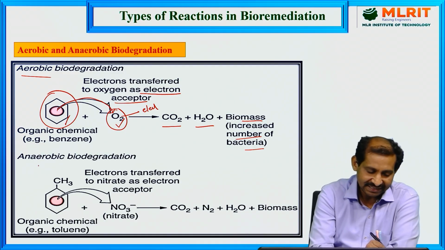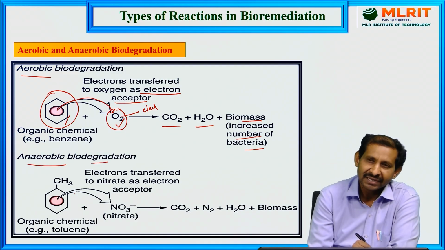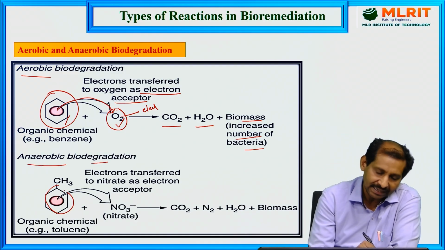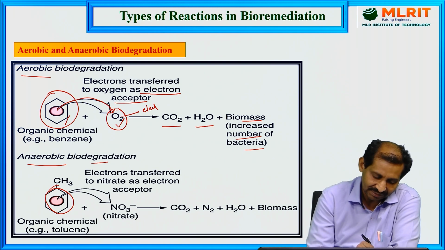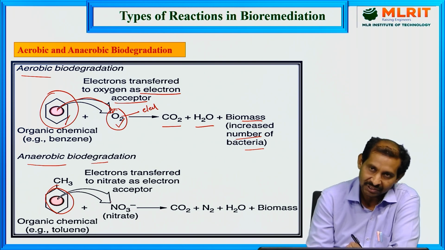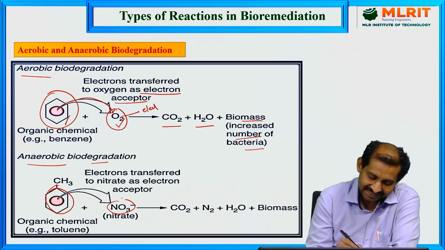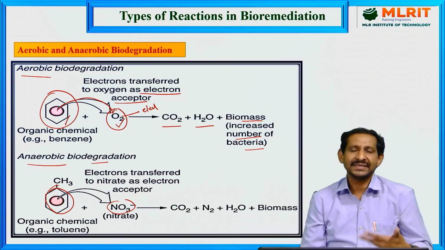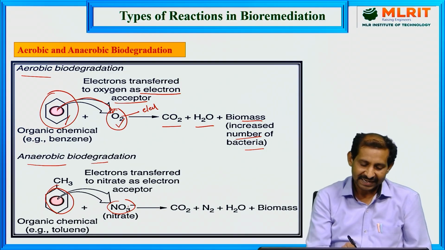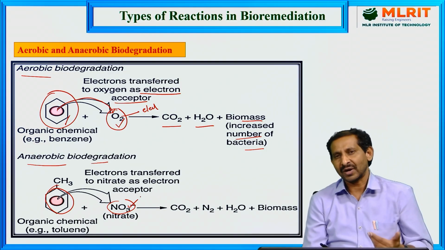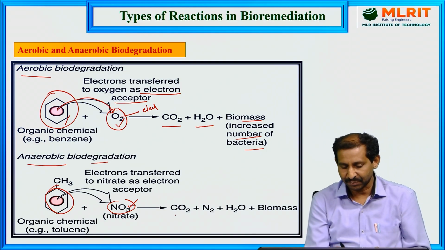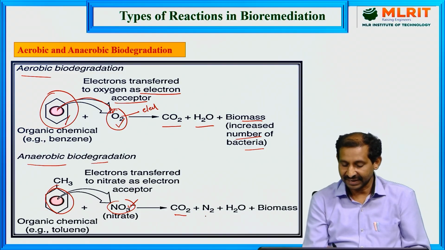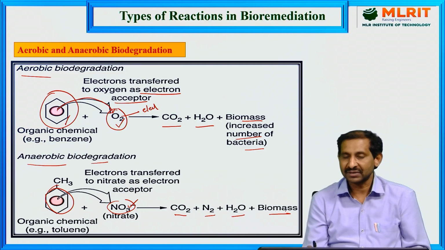The second one is anaerobic biodegradation. In this also, the organic matter or organic substances release electrons, and nitrates consume them, because we are not using oxygen as a source. Anaerobic means in the absence of oxygen. So nitrates act as the electron acceptor, and the organic matter is converted to end products like carbon dioxide, nitrogen, and water, and biomass is obtained.